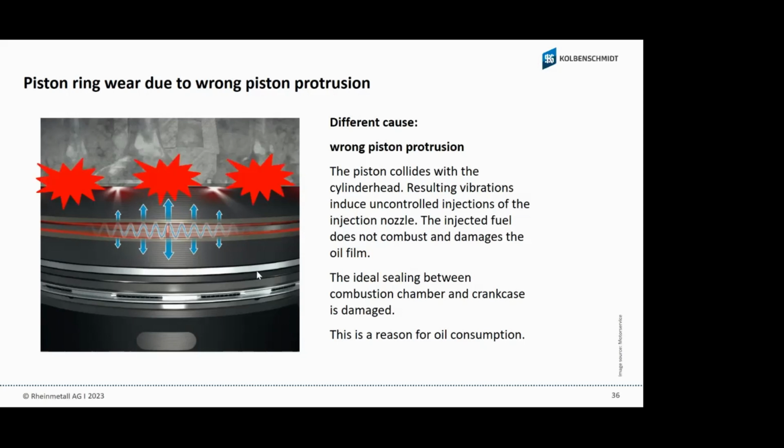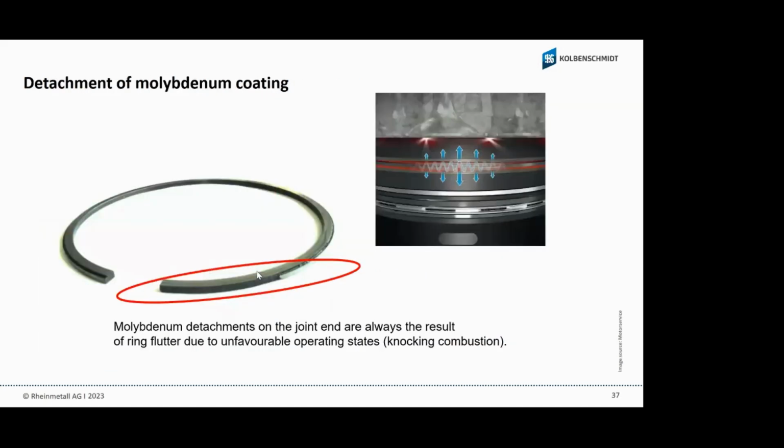The piston ring has a special coating, a molybdenum ring or a chrome ring. The chrome and the molybdenum can break out, and then the piston ring cannot seal anymore. This is why it's very important to check the piston protrusion.